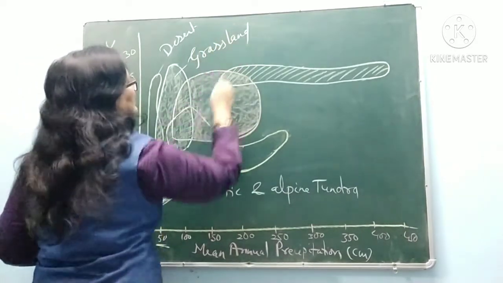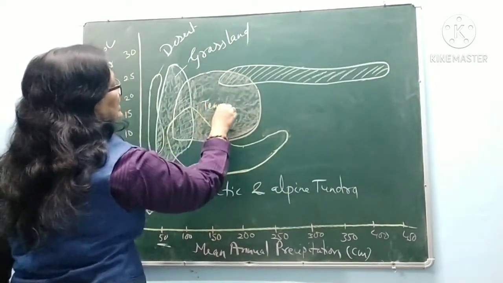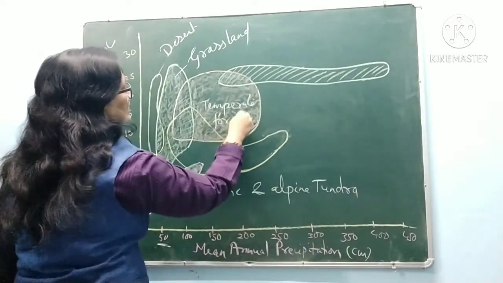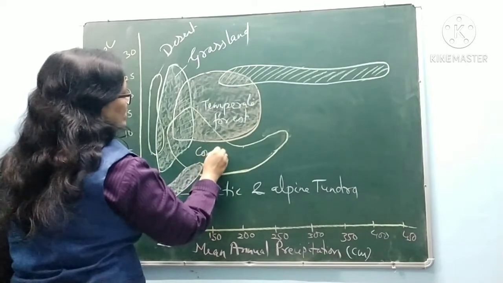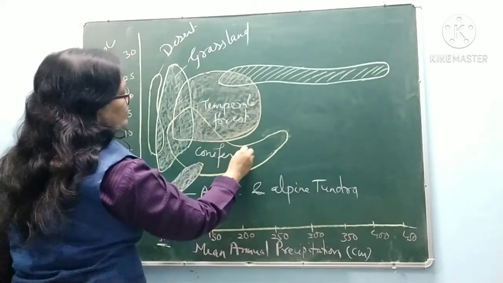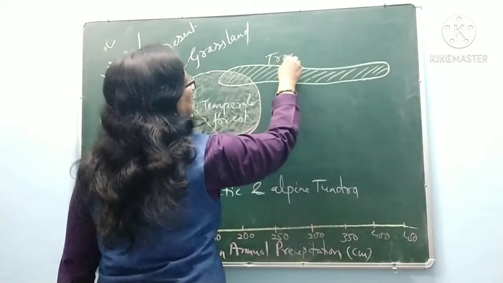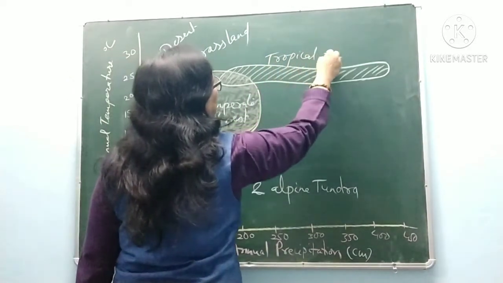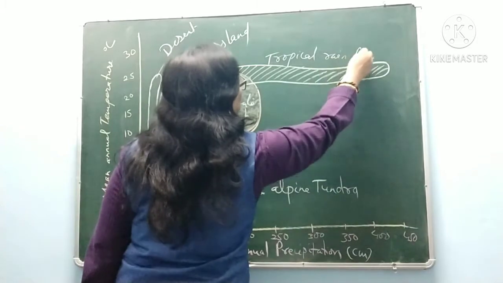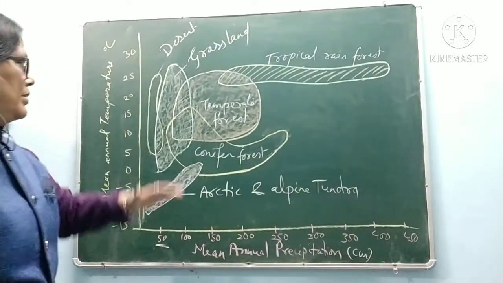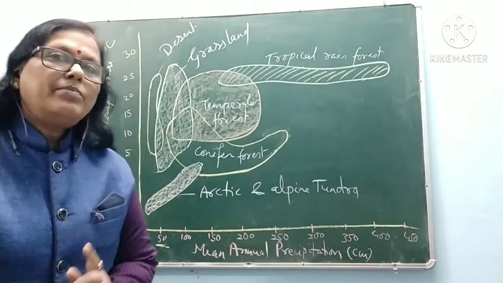It is grassland, it is temperate forest, this is conifer forest, and this is tropical rainforest or tropical forest, you may say. So this is about this particular graph. It is very important.